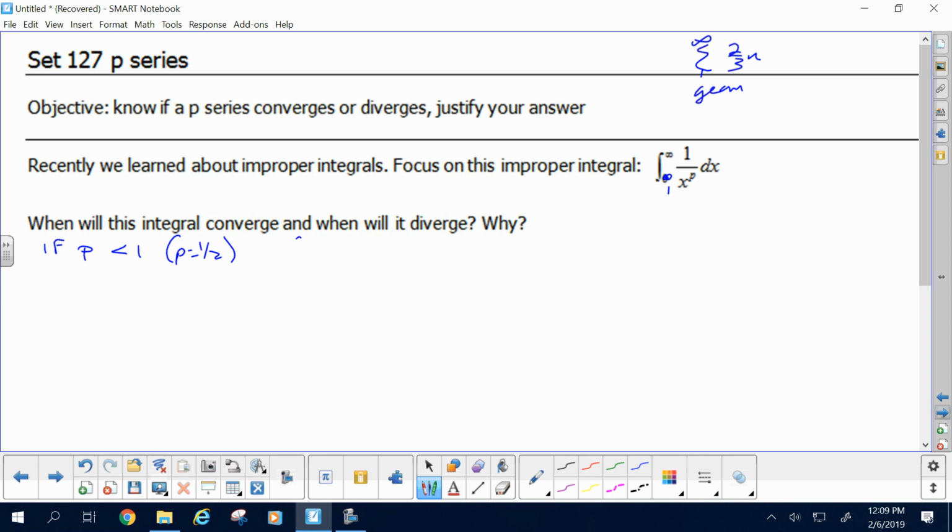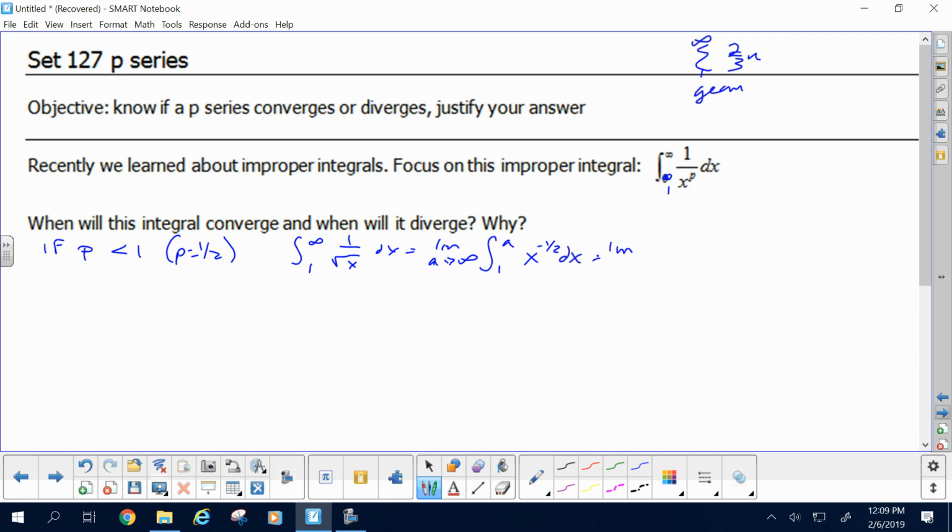If I were to do that, then the problem would become the integral from 1 to infinity of 1 over root x. You follow? If P was a half, then the power is a half, which is the same as square root. This is a nice review. We know that is to be written as a proper integral with a limit. And I would also probably write that as a power, so I integrate it without mistake.